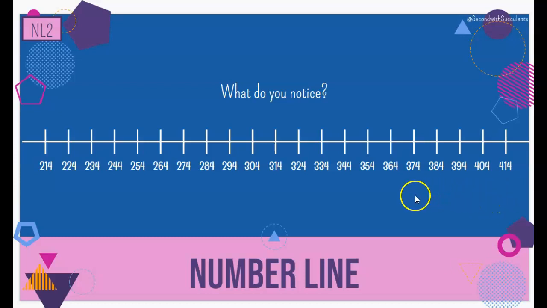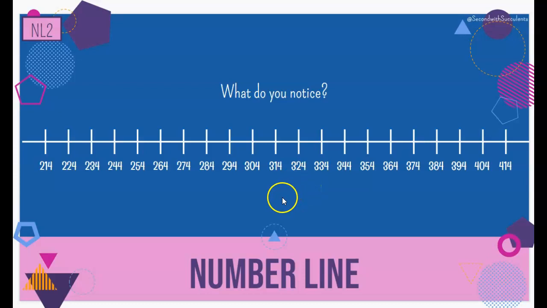You may have noticed that when we're looking at the tens place, we're counting up by ones, by one group of tens. We have 0 tens in 304. We have one group of tens in 314. Two groups of tens in 324.